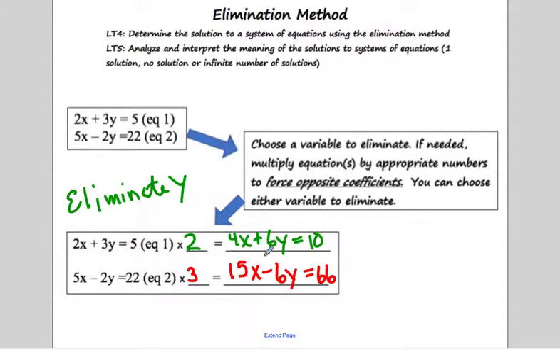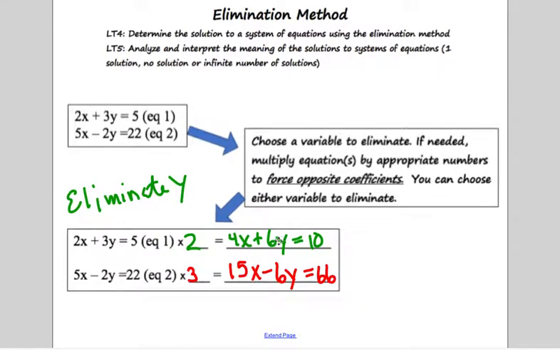Notice here we have our forced opposites. We didn't change the value of our equation because we multiplied everything on the top by 2 and everything on the bottom by 3. This is what we're going to use in our next part. We did our multiplication to force opposites.